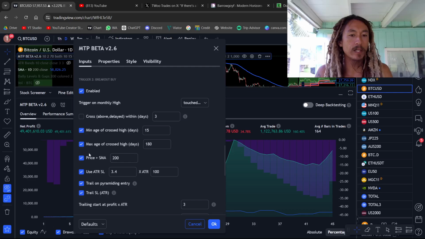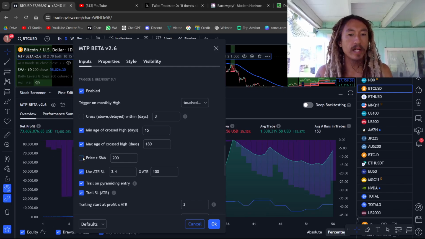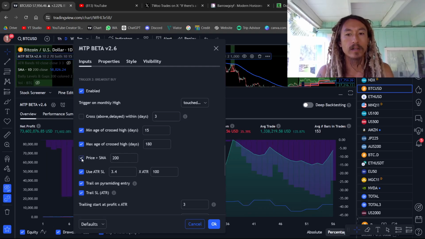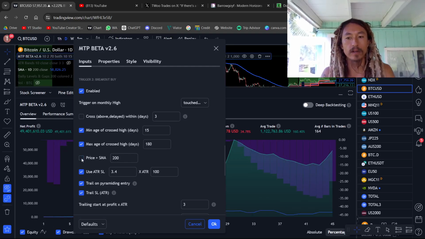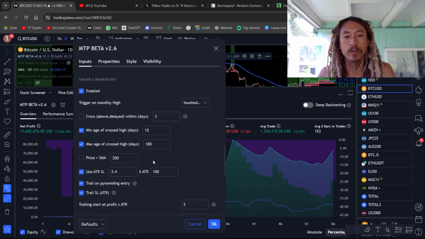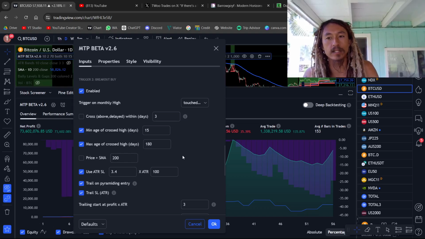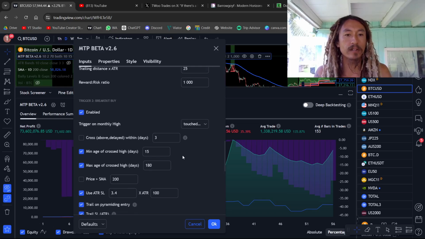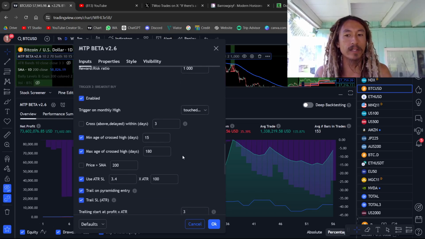However, it's maybe not useful in the breakout buy. Let's look. Yeah, we don't want it for the breakout buy. This is for Bitcoin. To know, we really need to test on all three main asset classes: the stock market, gold, and Bitcoin. But what we've seen here is we do not want to dip buy under the 200 SMA.